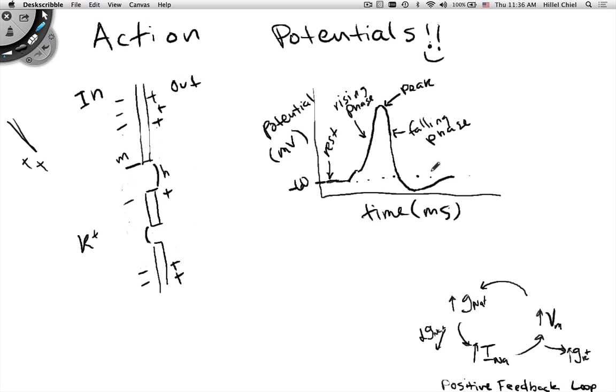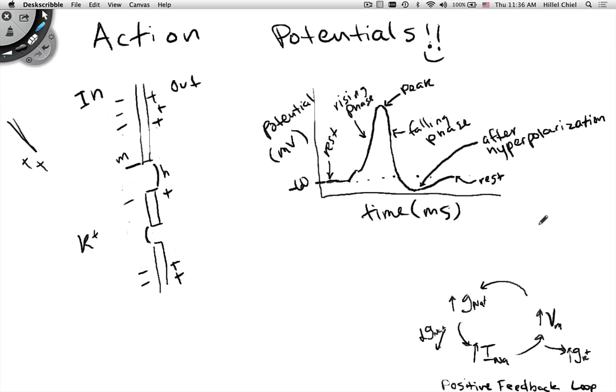Then we have the after hyperpolarization, which we now understand. And that's saying like after the action potential there is that? Usually. Now there can be other things that happen if there are more different channels. That will be something to talk about later. And then we're back to rest.